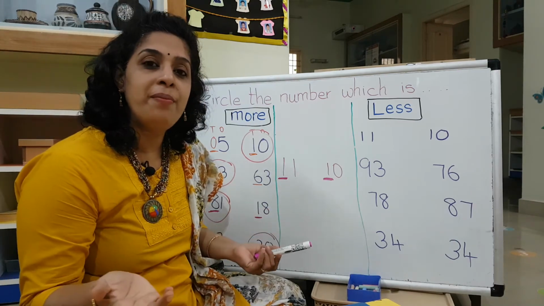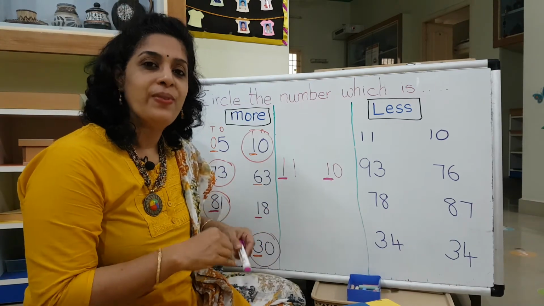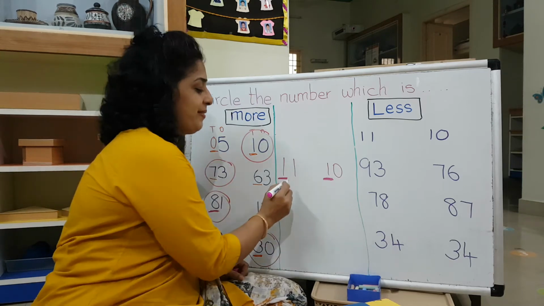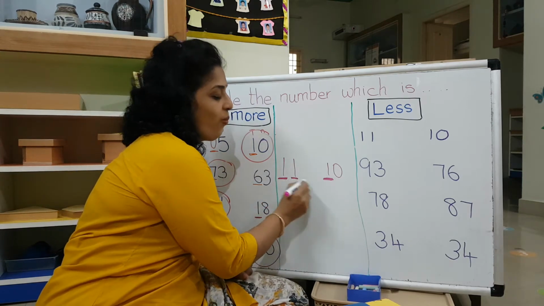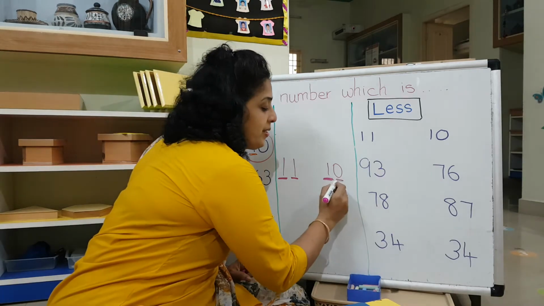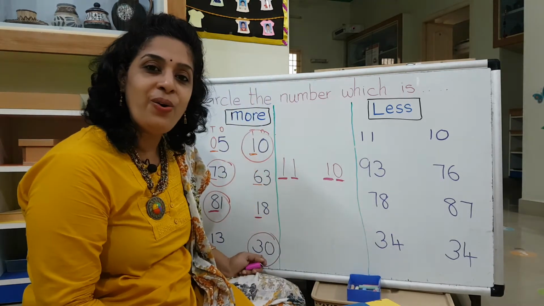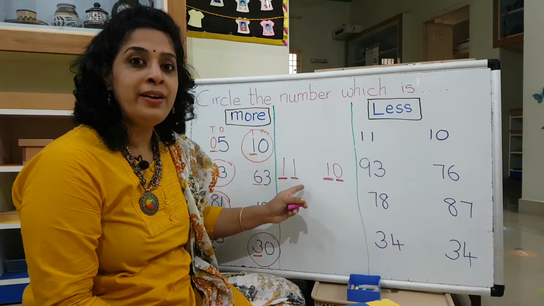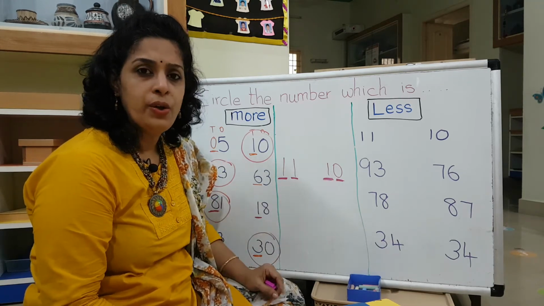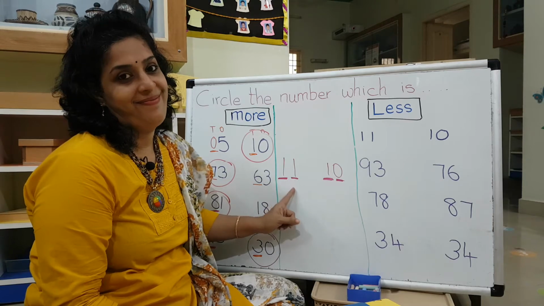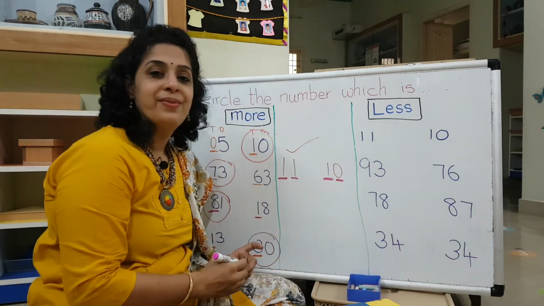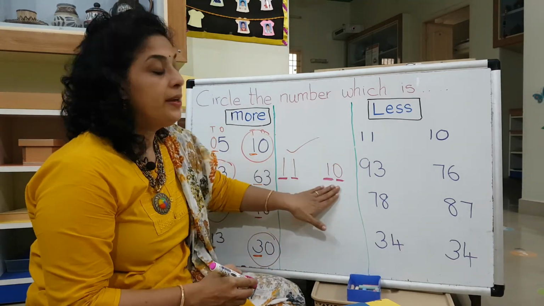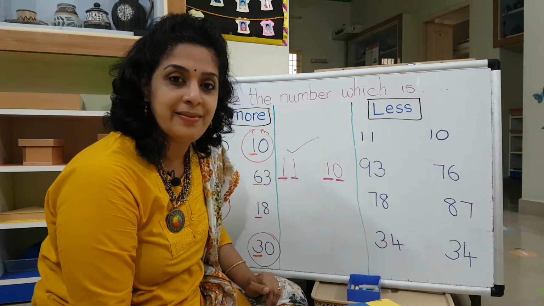They are same. Then what will you do? Now you will jump to the next place. What is here? 1. What is here? 0. Which is bigger, 1 or 0? 1 is bigger because 0 means nothing, no? So which is more? So this is more, and 10 is less. Got it?